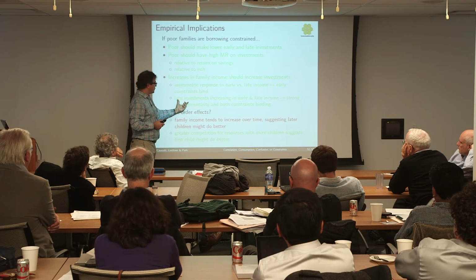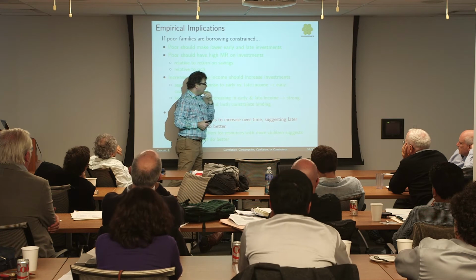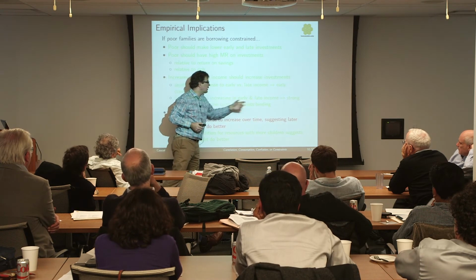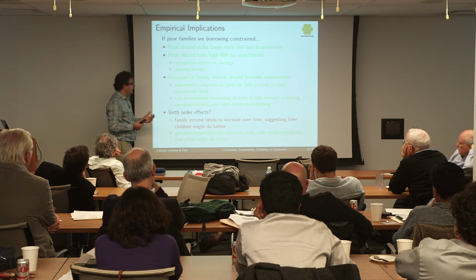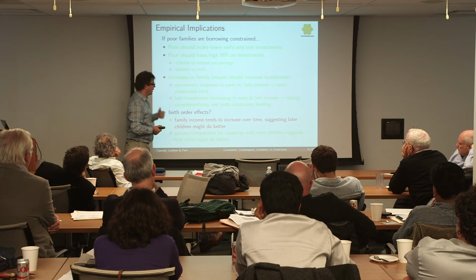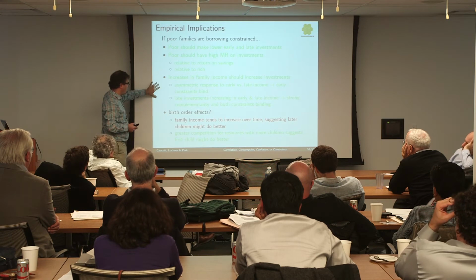And I didn't talk about this result, but late investments are also increasing in early income and late income. So college attendance increases in both early and late income. In order to get that, you need strong complementarity as well as constraints binding at both of these ages. But if you have that condition, you can get all these facts right.